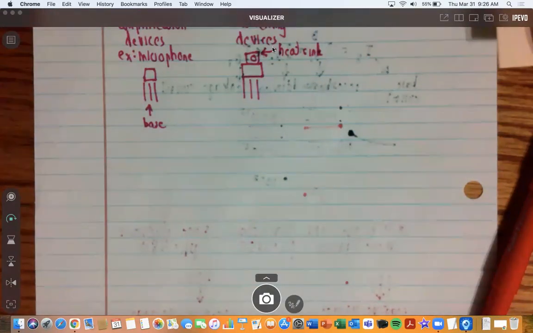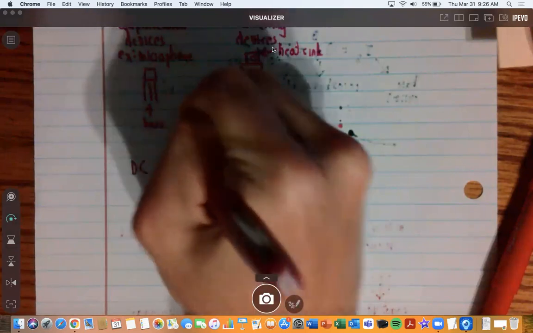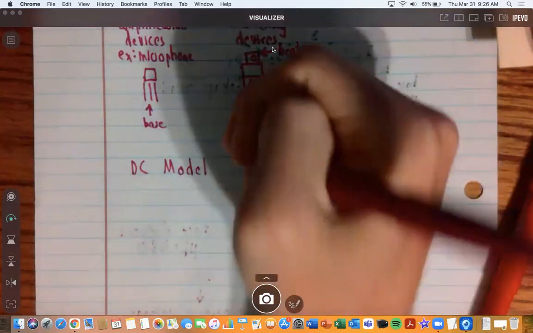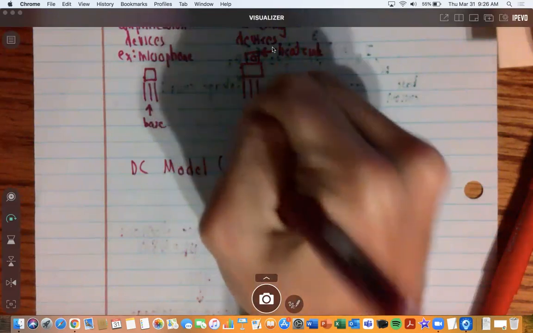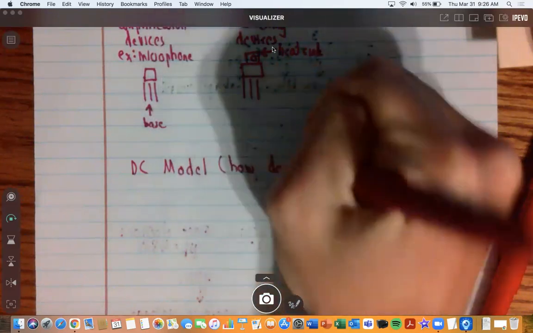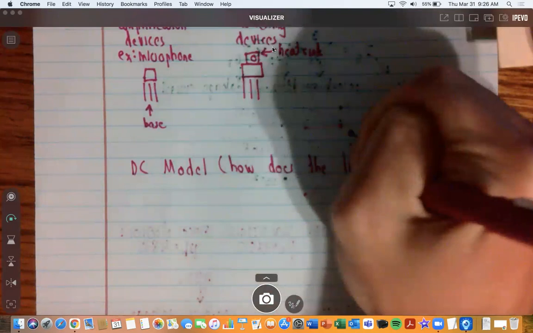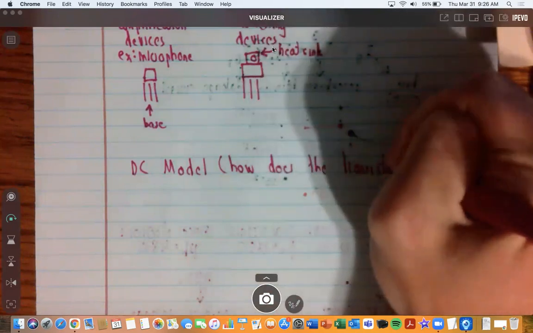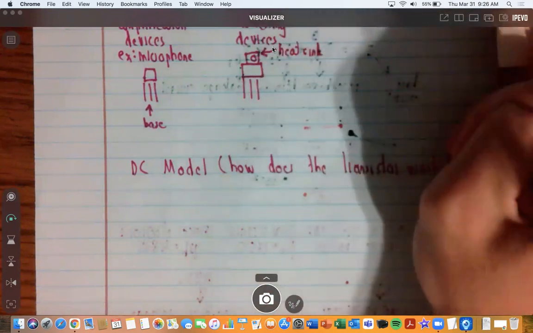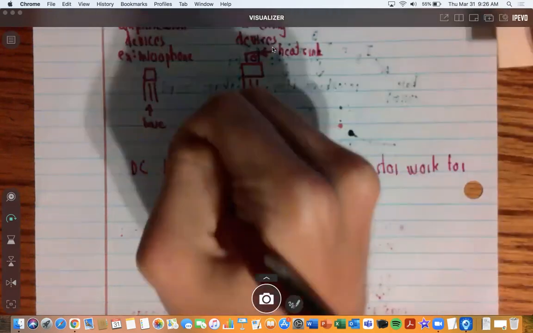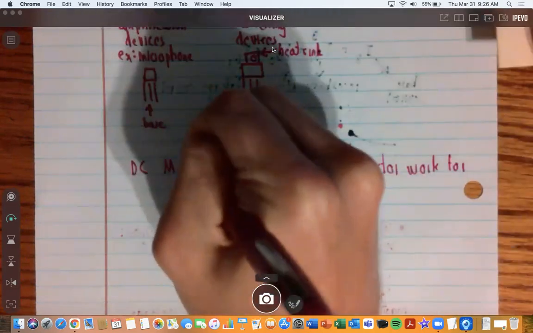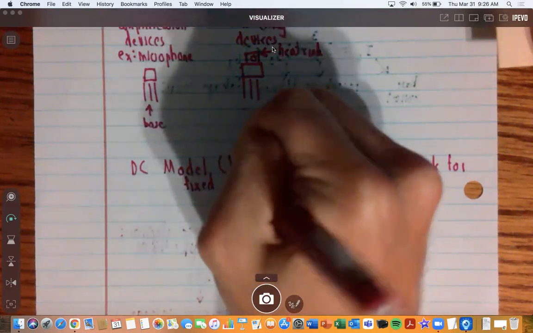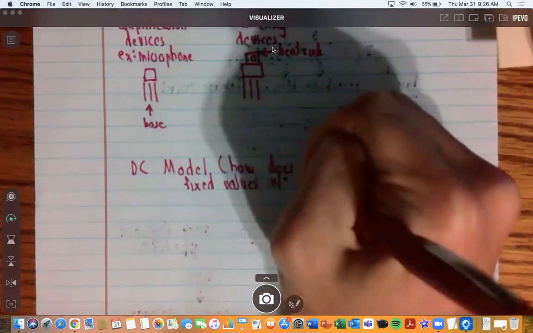So for the DC model, what does that mean? It's how the transistor works for fixed values of currents and voltages.